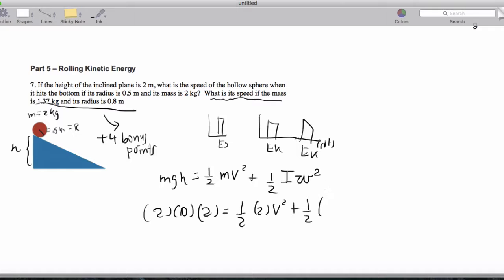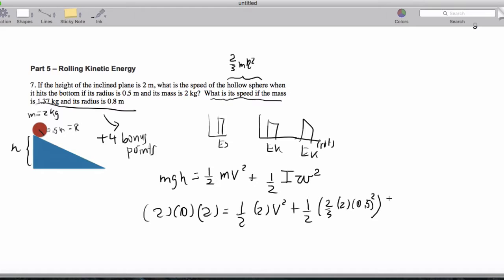Now it's a hollow sphere, and I will be giving you those formulas on the test. It's 2/3 mr squared. So that's going to be 2/3 times 2 times 0.5 squared. That's the I part.